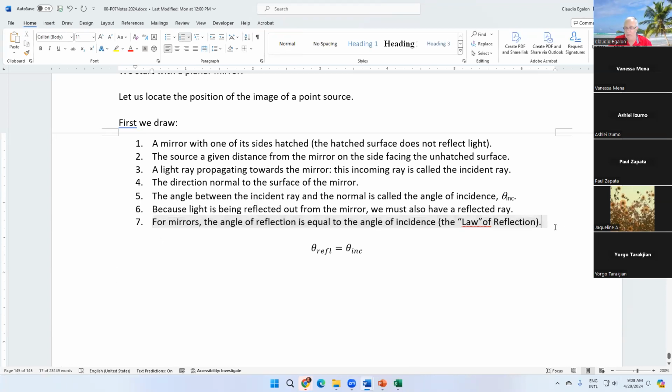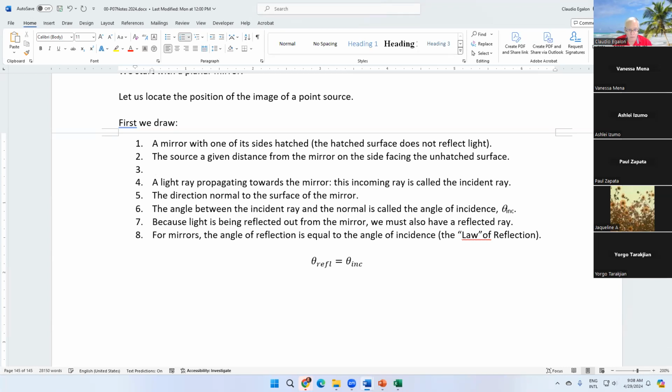What's next? First we draw, I'm going to start with our first light ray. We need more than one light ray.